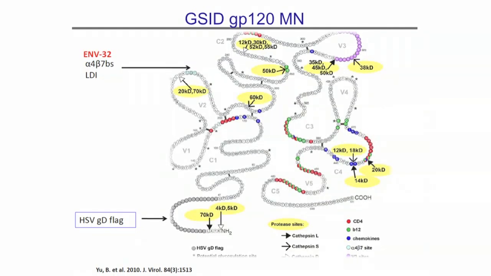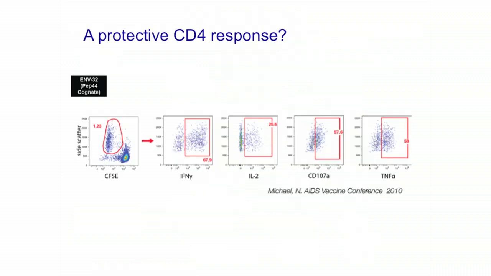But what has only been presented at conferences so far is that it's also inducing quite high levels of CD4 responses, especially against the envelope region. And the further characterization of those HIV-specific CD4 T cell responses showed that they not only have a Th1 phenotype, but also quite a high level of cytolytic activity.